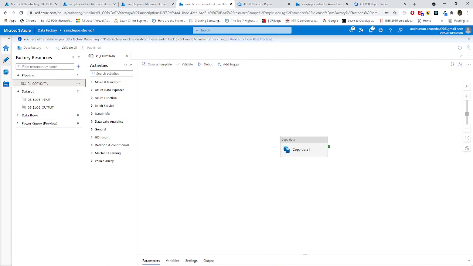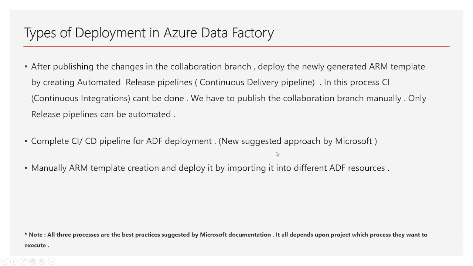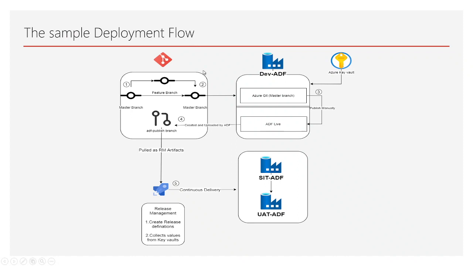I have already told you in my PPT. If you see the architecture I showed, once this is published manually, and I have now done the manual publish, right, then once this is published in the ADF Live, it will create the ADF publish branch, or whatever name you gave at the branch creation time.